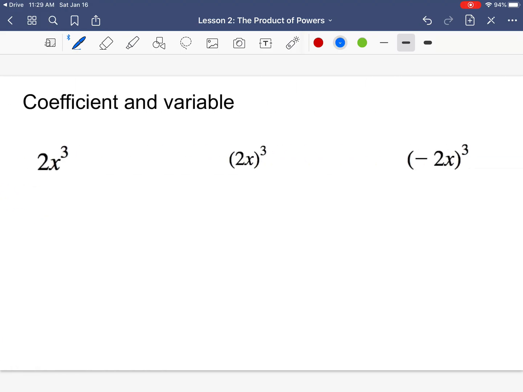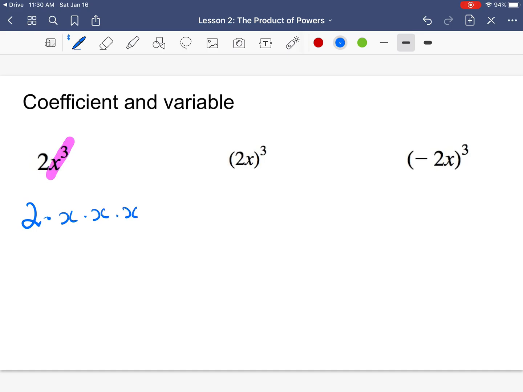So when you have an exponent, in the example here on the left hand side, 2x to the power of 3, the exponent only applies to the part of the expression immediately to the left of it. So we have 2 times x times x times x there.